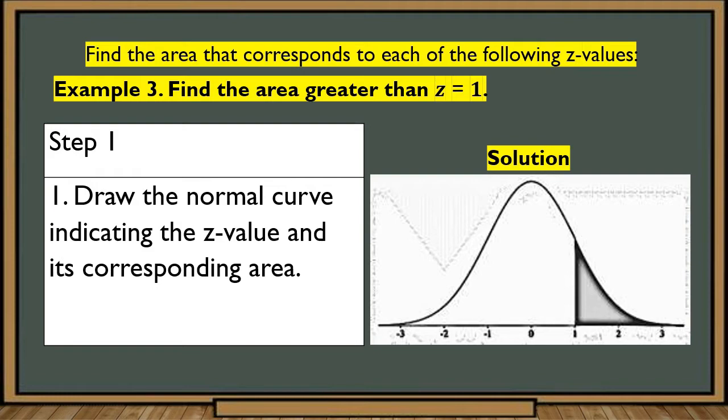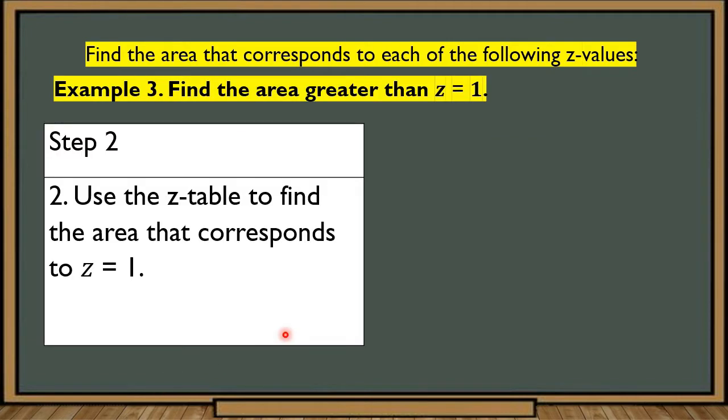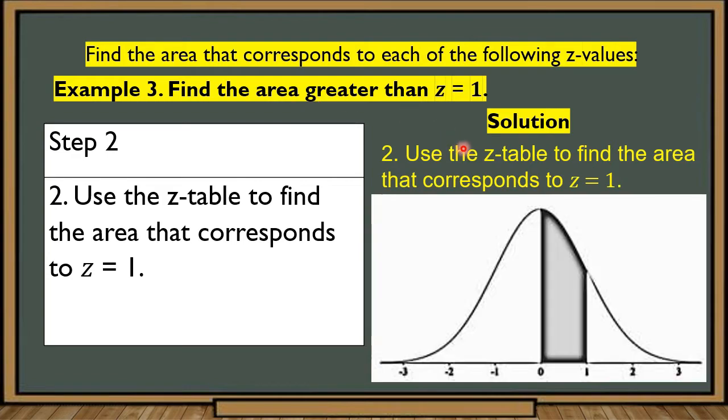Now, after that, what are we going to do? So, next is use the z table to find the area that corresponds to z, which is equal to 1. Before finding the area greater than z equal to 1, we need first to solve the area that corresponds to z equal to 1, since in our z table, wala tayong areas that are greater than z equal to 1.